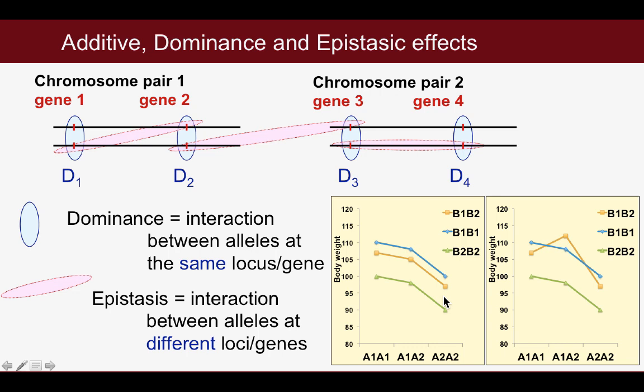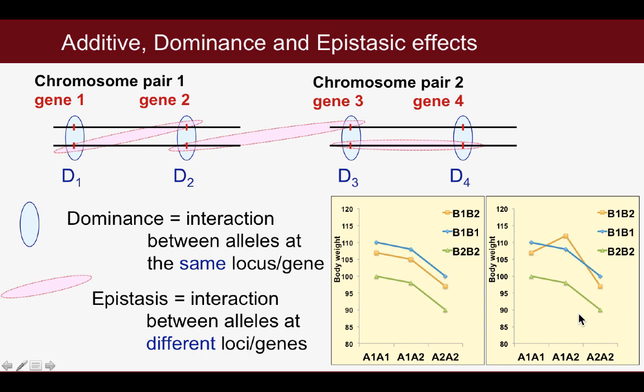However, there's no epistasis because the effect of genotype at the A locus is the same for every genotype at the B locus. And that's demonstrated by the lines being parallel to each other. So the effect of the A locus on phenotype is the same for the B1B1 as it is for B1B2 as it is for B2B2.